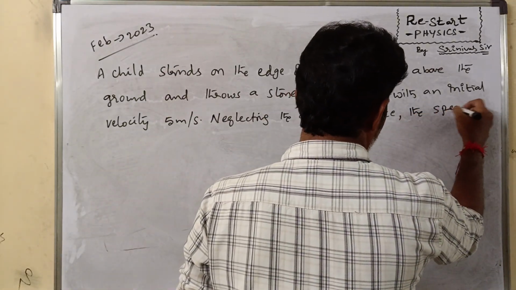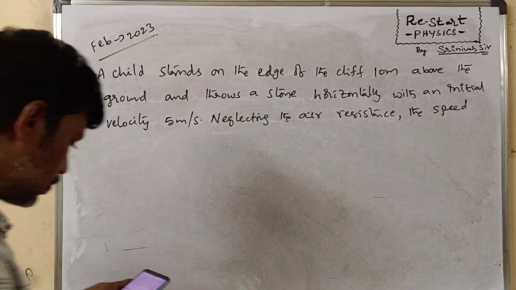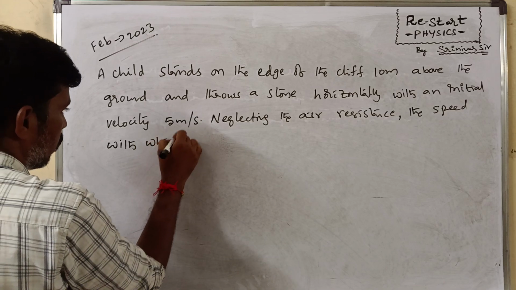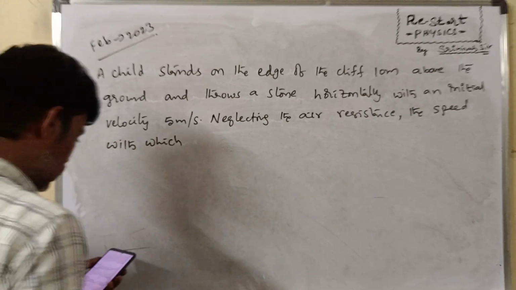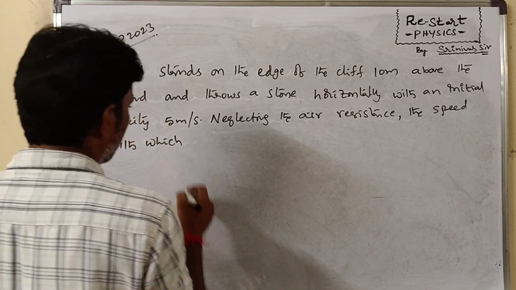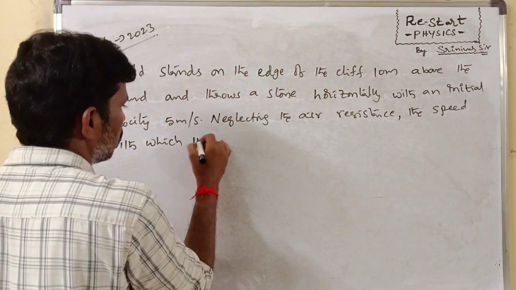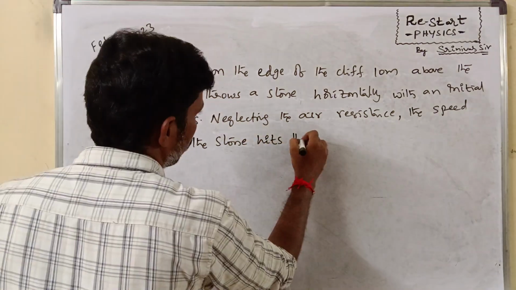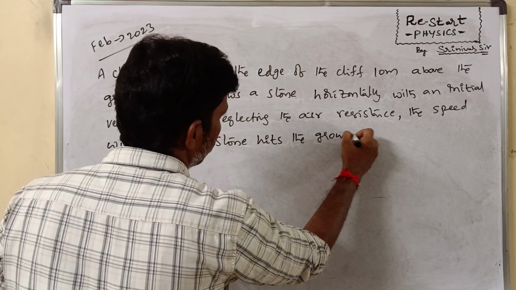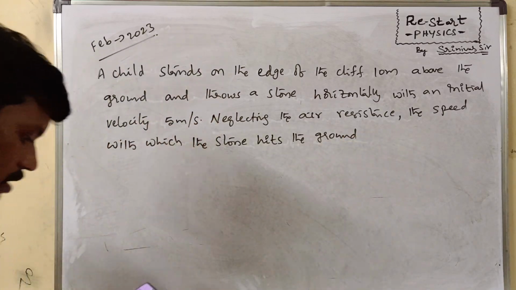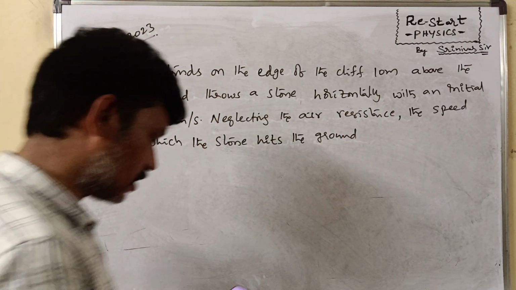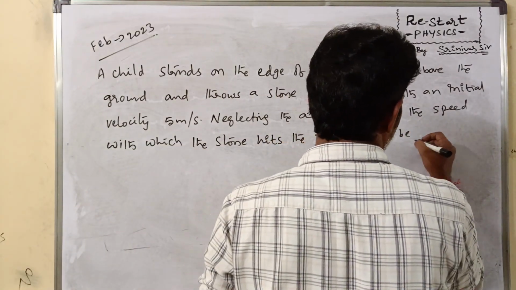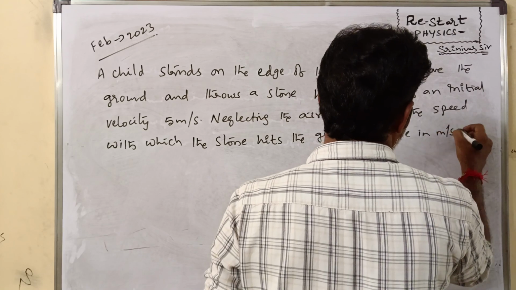The question is the speed with which the stone hits the ground. That means the speed with which the stone hits the ground will be, in meter per second, they are asking.